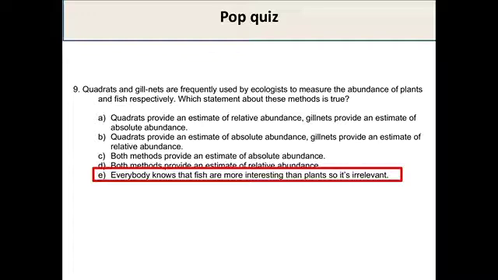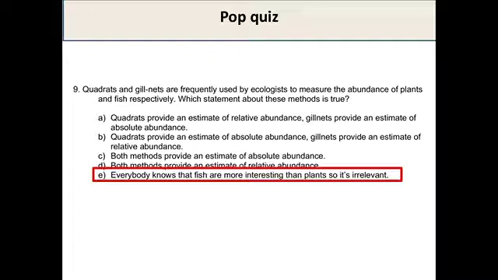Okay. So quadrats and gillnets are frequently used by ecologists to measure the abundance of plants and fishes respectively. What type of measurement do we get from each? Quadrats provide an estimate of relative abundance, whereas gillnets provide an estimate of absolute abundance. Remember, these are 2 different methods. We talked about these in class.